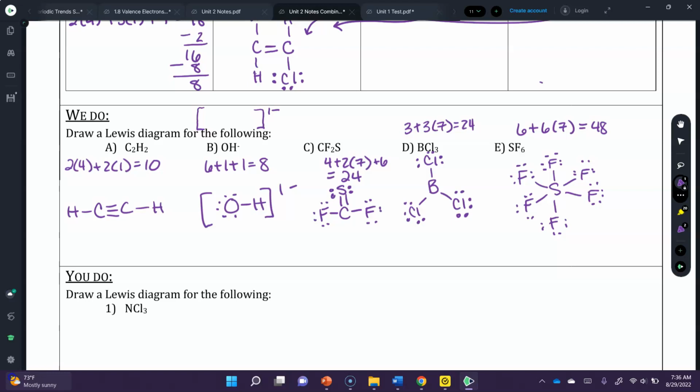Then sulfur, because it is in the 3 shell, like third period, it has access to the 3d orbitals, so it can do an expanded octet, and because it's bigger, it will.